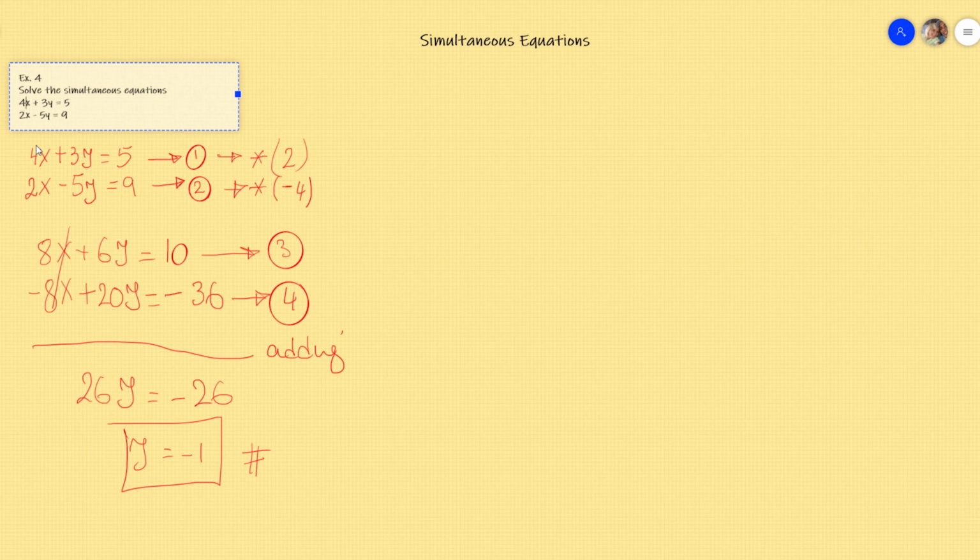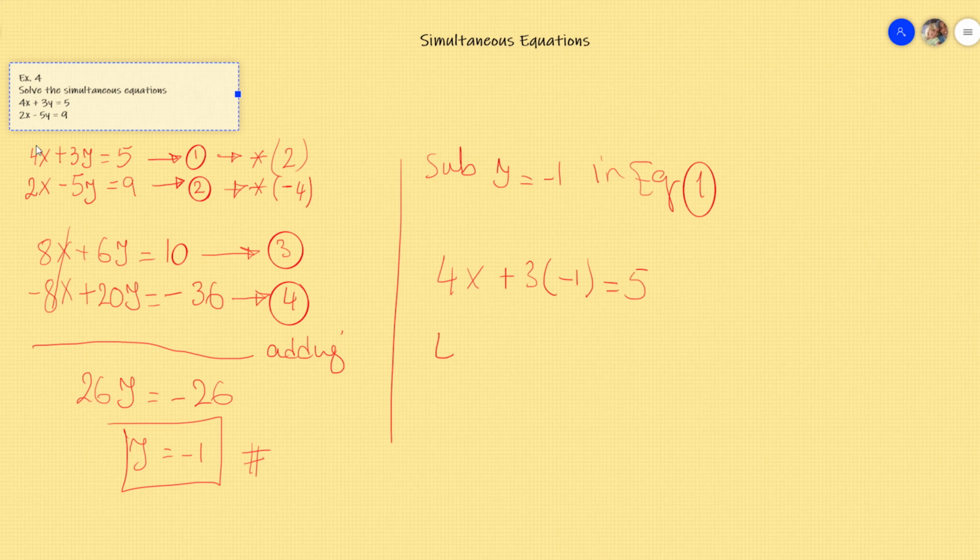By substituting y equal negative 1 in equation 1, we will have 4x plus 3 times negative 1 equal 5. So 4x minus 3 is equal 5, 4x will be equal 8, so x is equal 2.